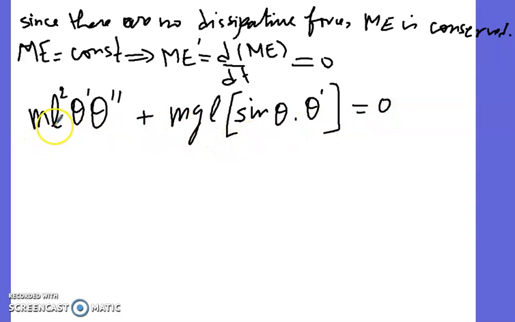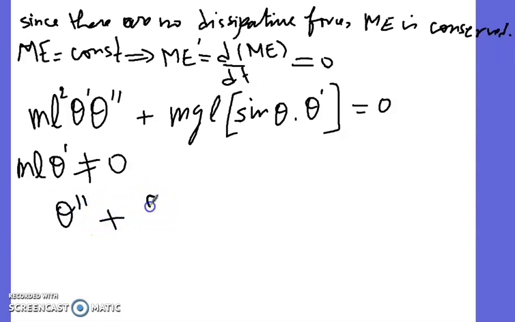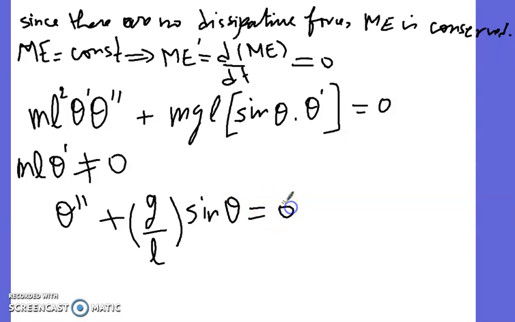Now we have here mL, and here we have mL, and this is theta prime, theta prime. So you know that mL theta prime is different from 0, and dividing by L, we get this differential equation: theta double prime plus g over L sine theta equals 0.